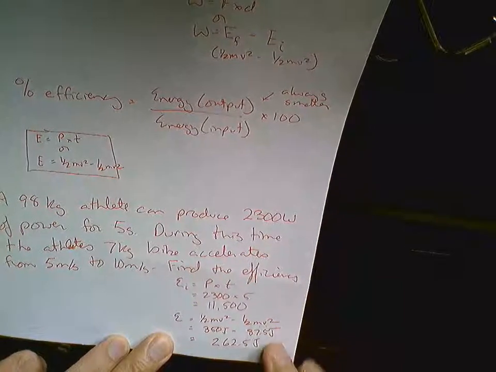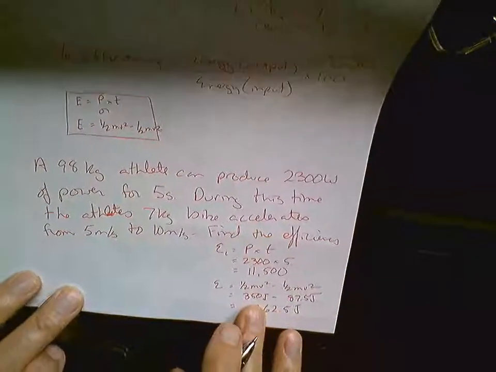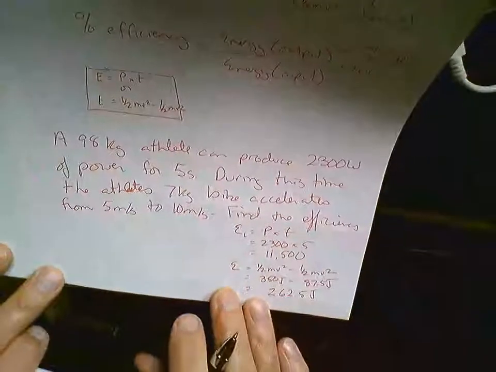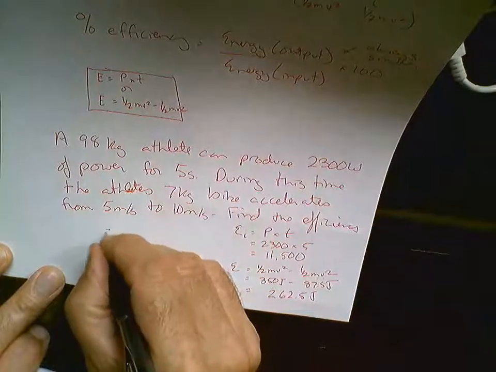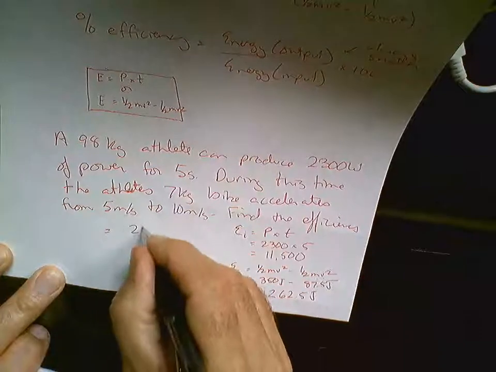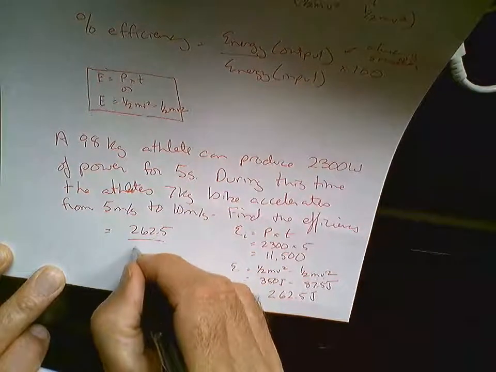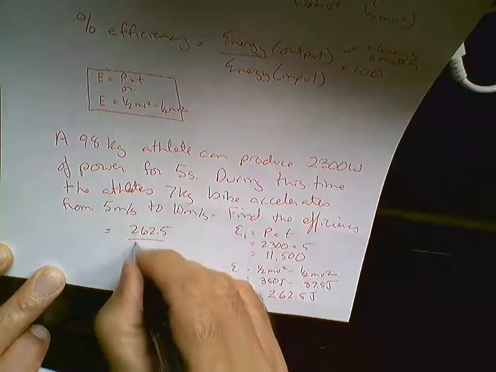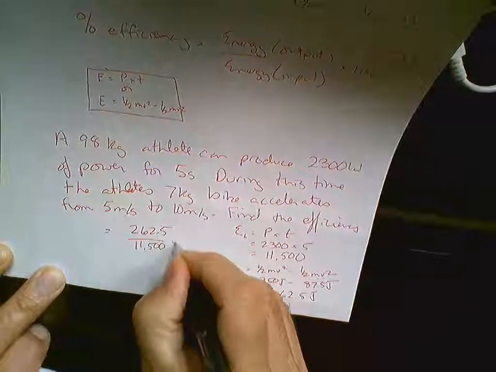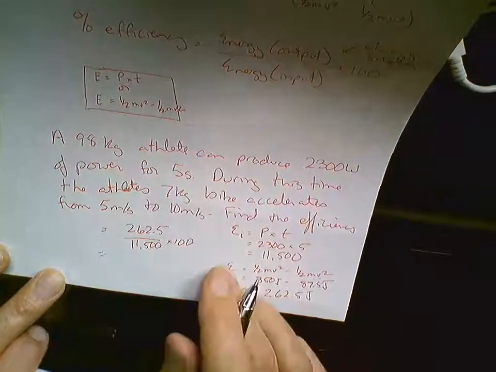350 minus 87.5 is going to be 262.5 joules. If you want to take a look at the efficiency of this athlete, it's not going to be very high because the output is going to be 262.5 over the input of 11,500 and multiply that by 100.